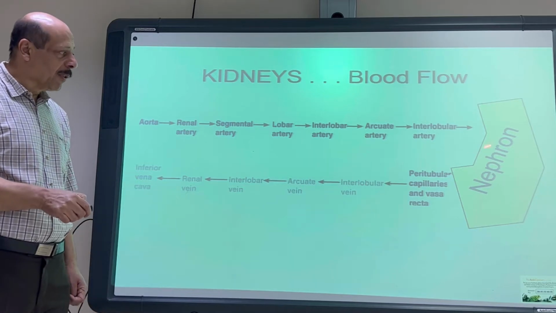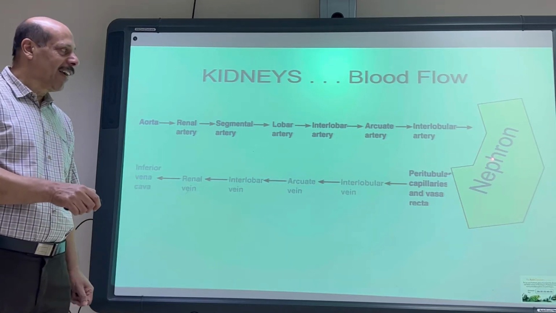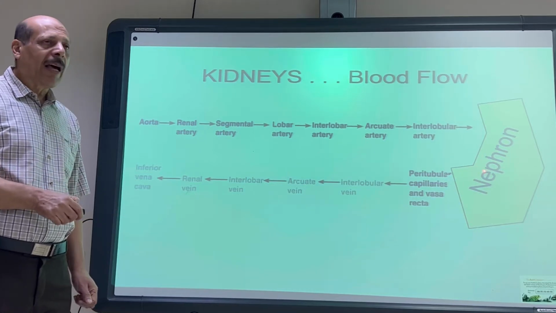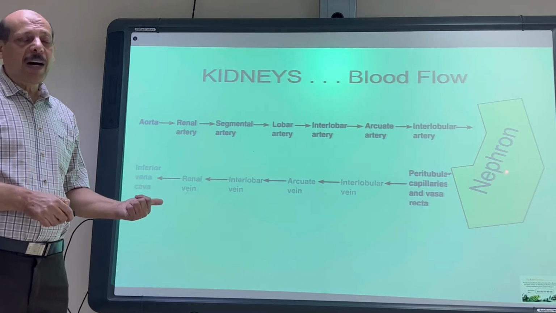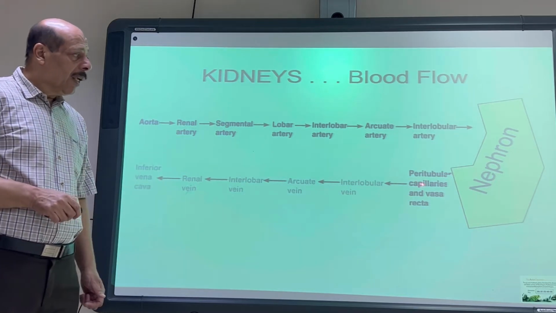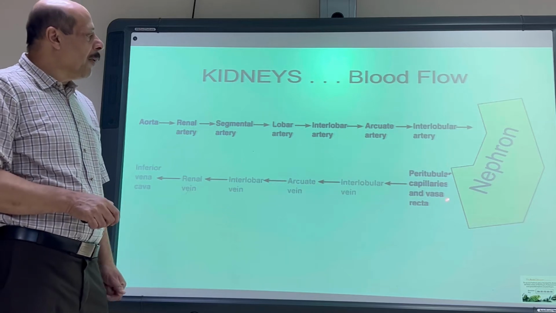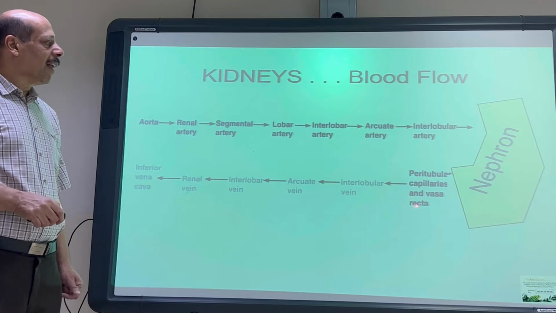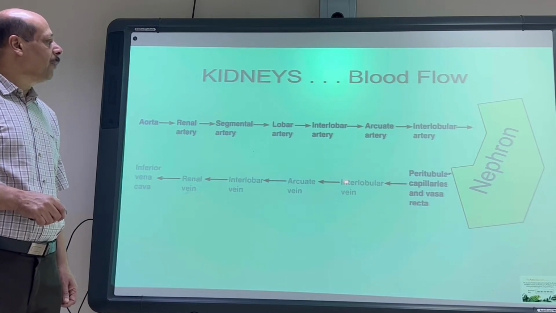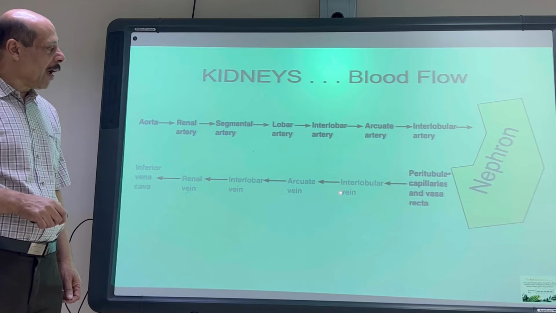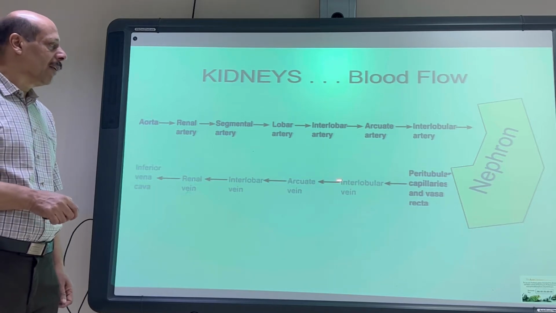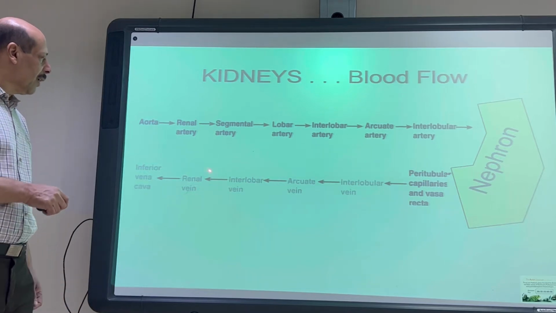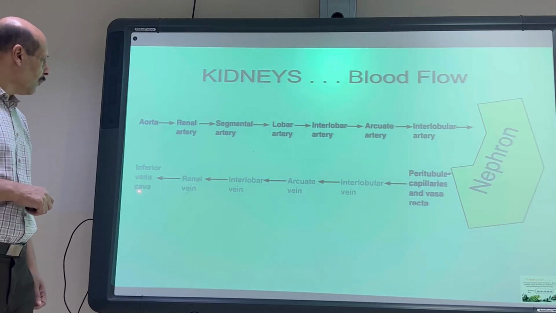There are capillaries there, the arterial part of the capillary. Then it will go back to the venous part of the capillaries, then via the intralobular vein, arcuate vein, interlobar vein, renal vein, then inferior vena cava.